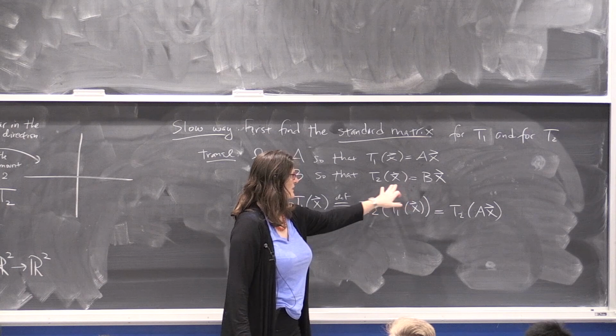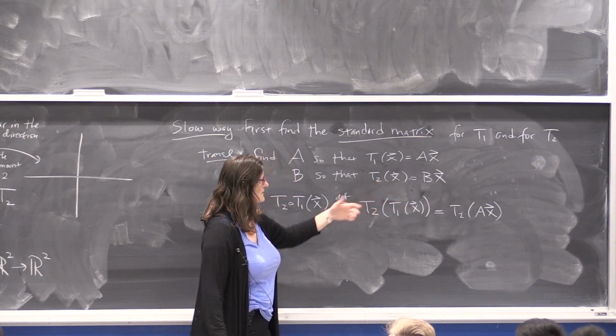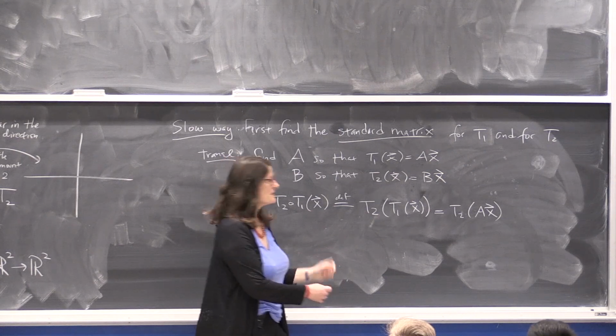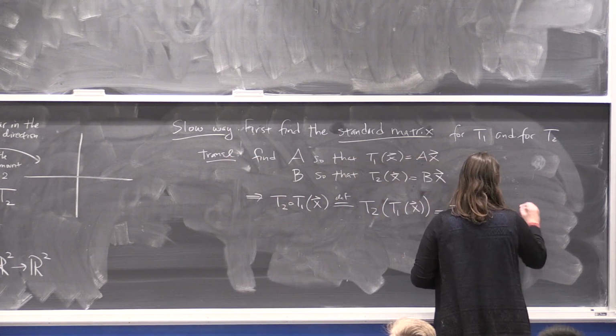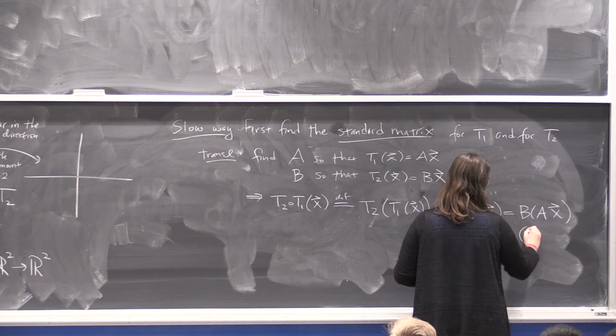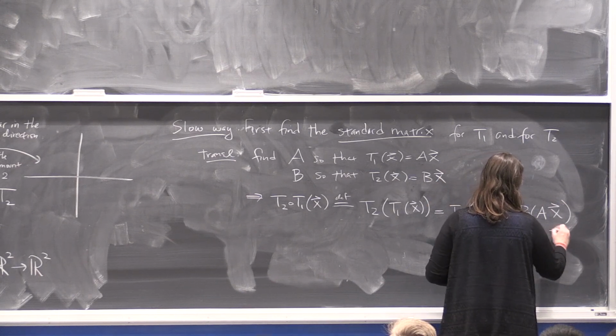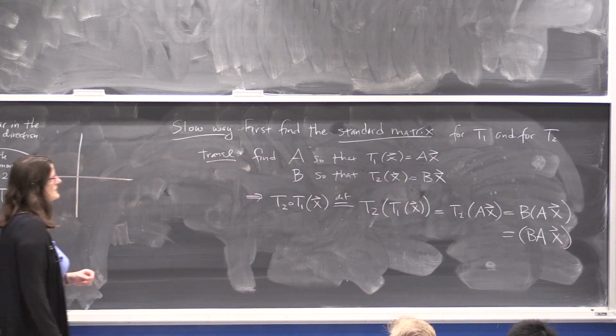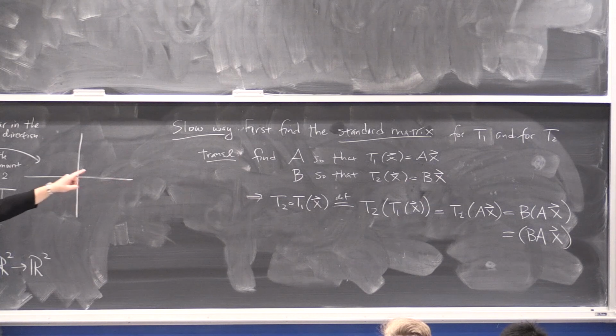And now I want to apply T2. What T2 does is whatever you give it, it multiplies it by the matrix B. So this gives me B times A times x. So the first thing I'm going to do is find the matrix A and find the matrix B, and then I'm going to multiply them.